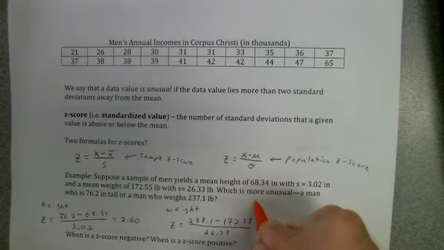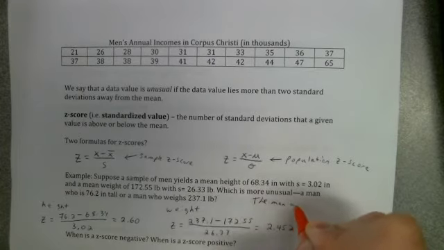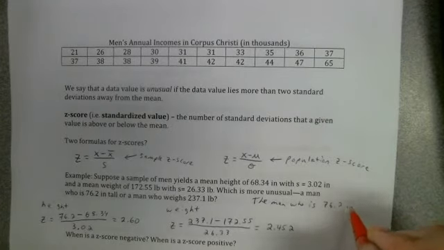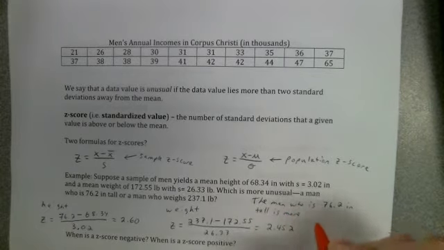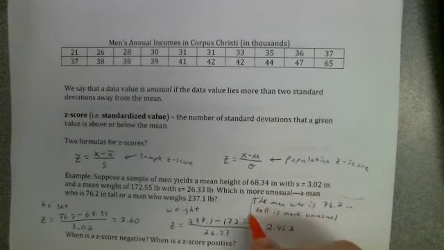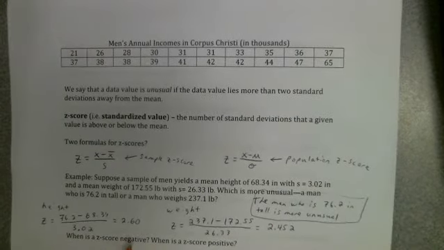Well, that means the man who is 76.2 inches tall is more unusual. It's less common that you see a man who is 76.2 inches tall than it is to see a man who's 237 pounds.